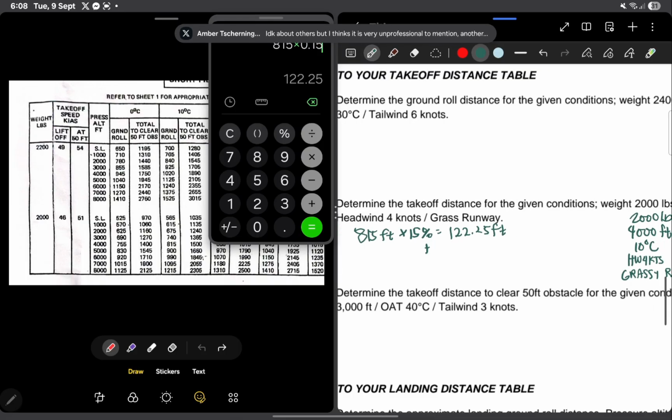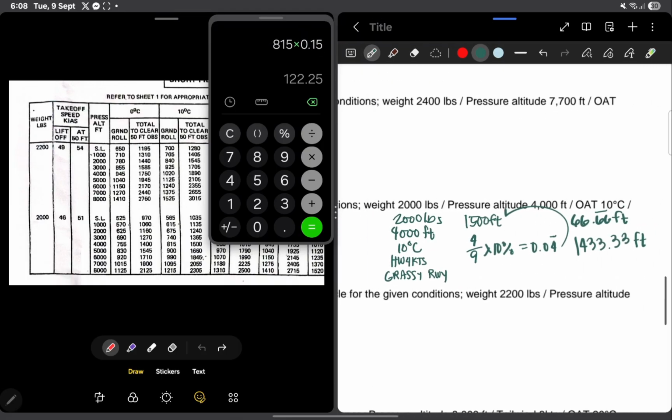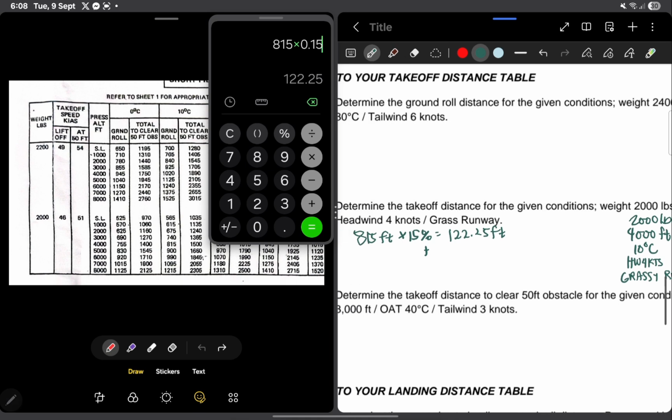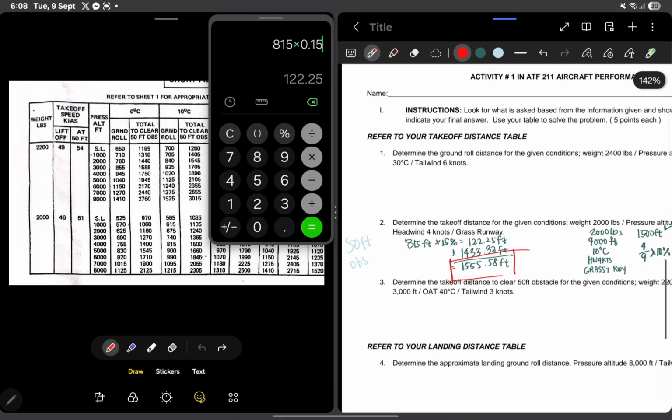After that, we'll add it to our distance. Right now, it should be 1,433.33 feet. And then that answer would be 1,555.58 feet. So with that in mind, this is our final answer.